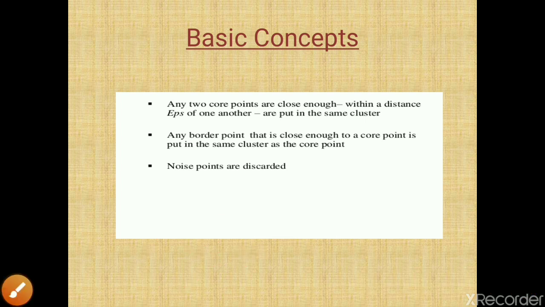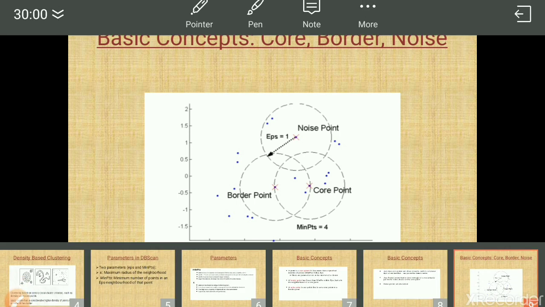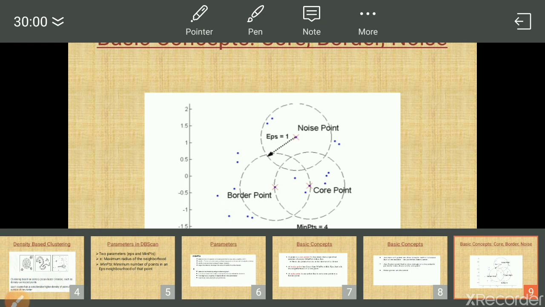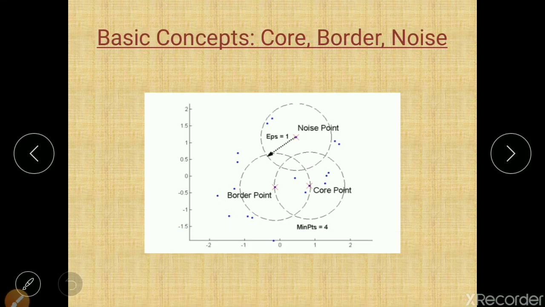Next, we will see an example, and I will explain what is core, what is border and what is noise. In this example I am taking minimum points as 4, and here you can see this is my core point.